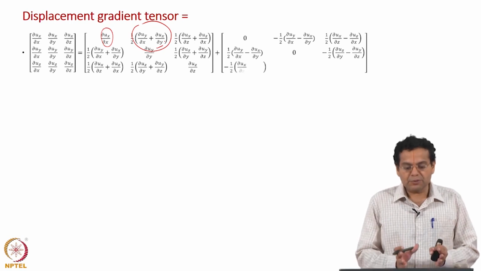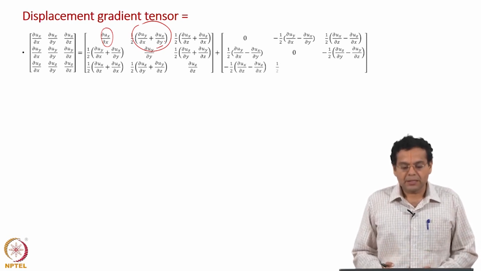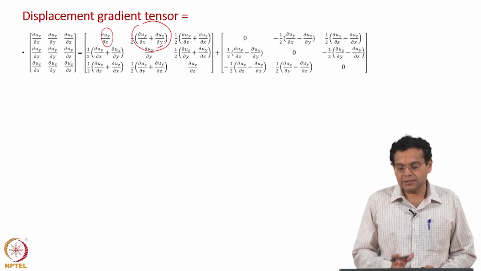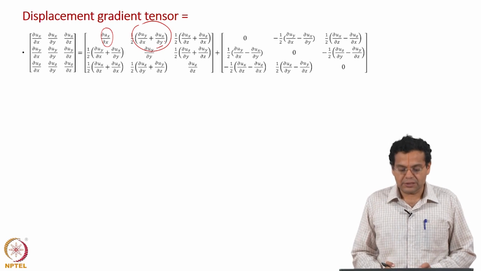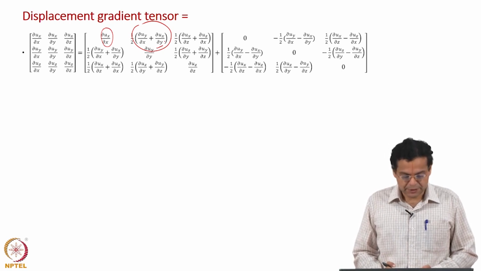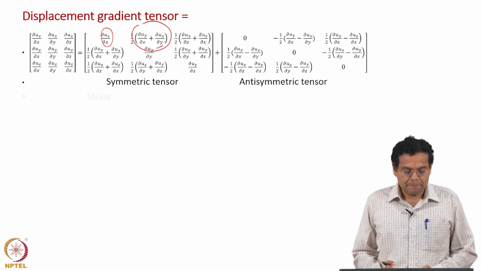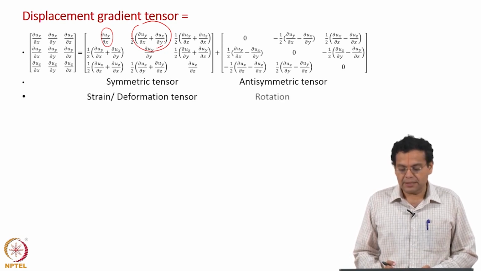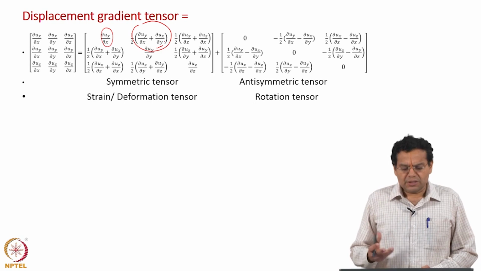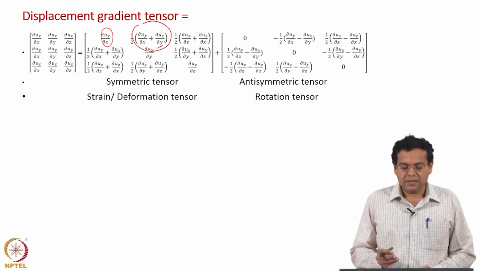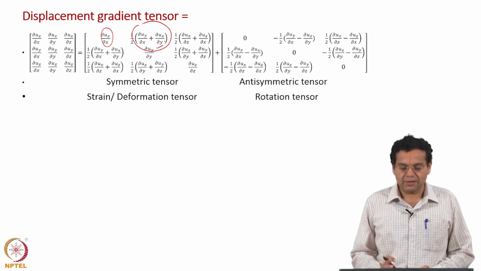These two terms put together represent all the displacement due to the normal and shear strain, which we call deformation. The second tensor is of course the components due to rotation, okay. So, symmetric tensor, antisymmetric tensor we have seen, and the strain or deformation tensor, rotation tensor. You need not even discuss in terms of tensor, just understand in terms of matrix, easy for understanding, okay.